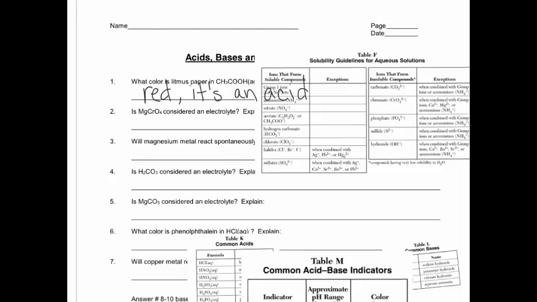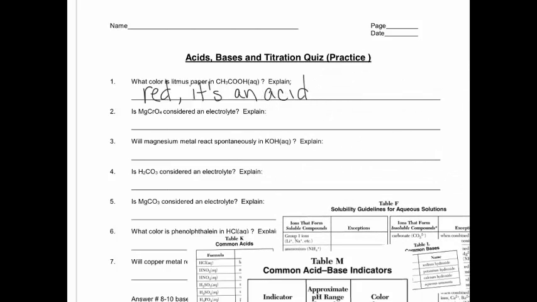So usually chromates are insoluble, but depending on what they're bonded to, the magnesium, they may be an exception and they will dissolve. And sure enough, here's magnesium. It is an exception, so when magnesium is bonded to chromate, it's actually soluble. So that would be an electrolyte. So we're going to say yes, and our reason is that it is a soluble salt.